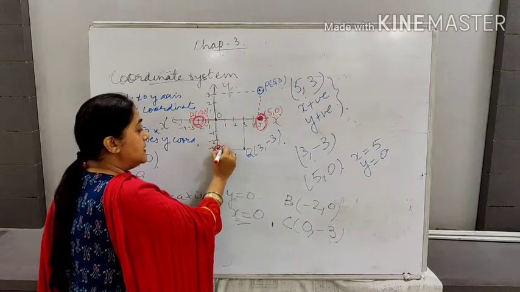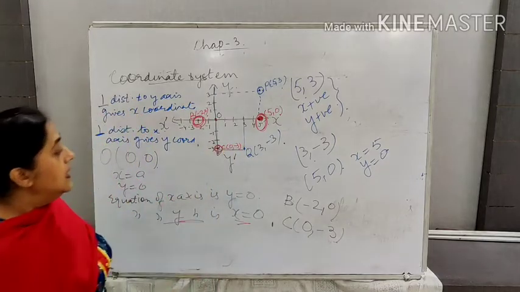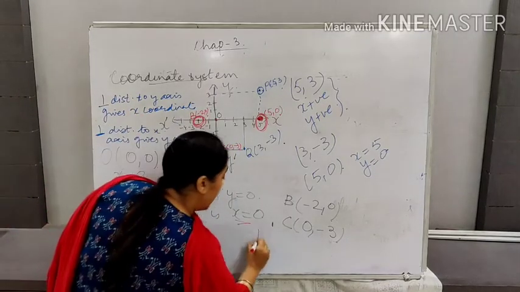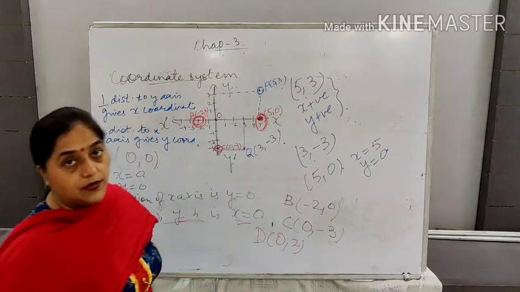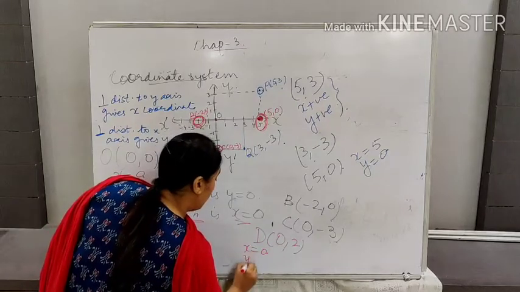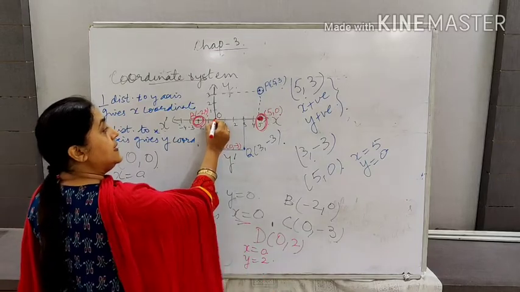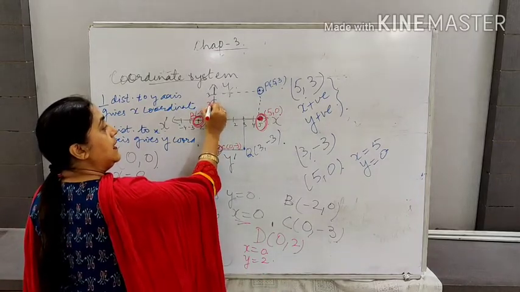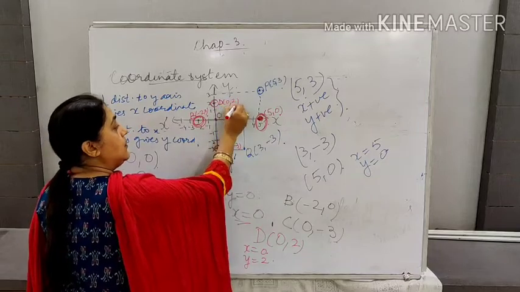So this point C is 0, minus 3. Similarly, D is 0, 2. Check it out, 0, 2 means x is 0, y is 2. So x is 0 here and y is 2 is here. So my point D is 0, 2.